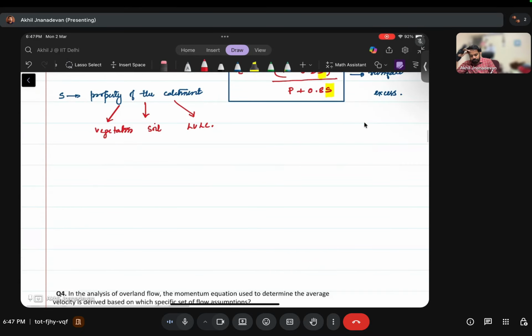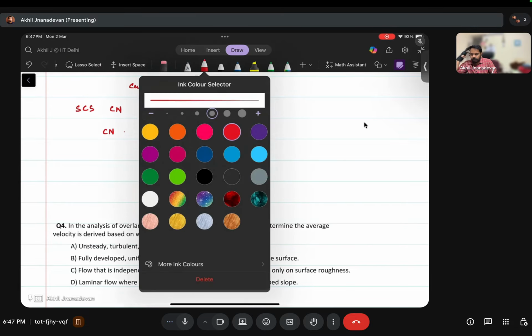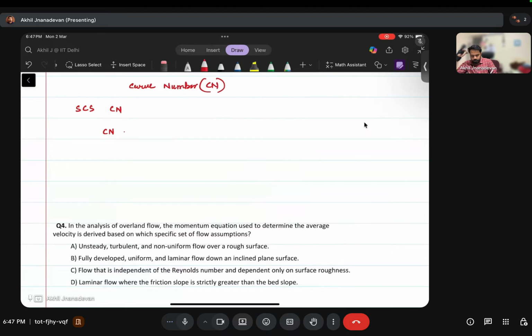To define this, they introduced something called curve number, CN. What SCS did was empirically find S as a function of this curve number.